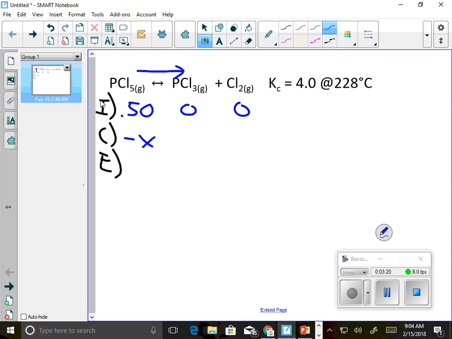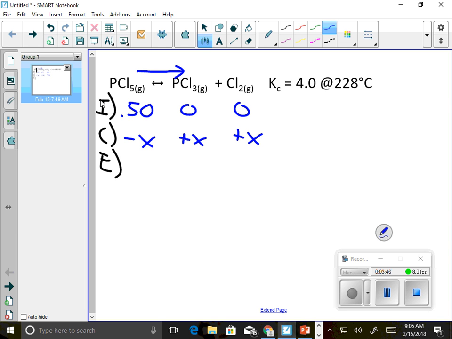And since it's a 1-to-1 ratio stoichiometrically, plus x and plus x are the values of the two products. For every 1 PCl5, there's 1 PCl3 and 1 Cl2. Too often students want to put like a 2x for the PCl5 or for the other things, where it's a 1-to-1 ratio. So like if the Cl2 had a 2 coefficient, you just do plus 2x.